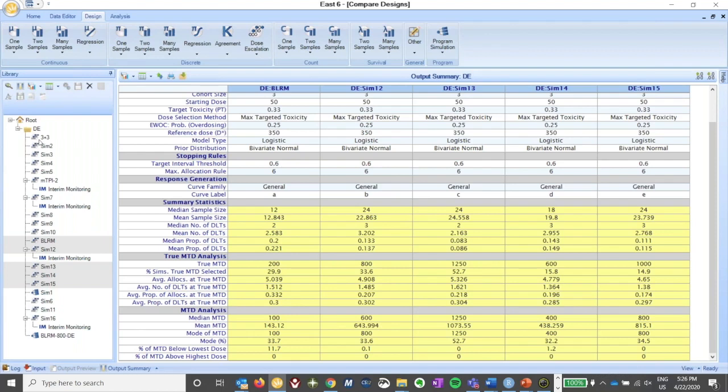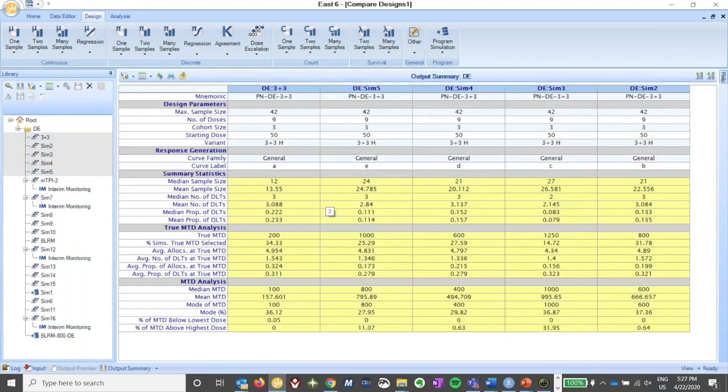For example, if you compare this to the 3+3 design, which I can show you right here for the 5 scenarios that we selected, you will see that the 3+3 design consistently underestimates the MTD. MTD was 200, it selected 200. Was 1,000, it selected 800. Was 600, it selected 400, and so forth like that. And this is a phenomenon that has been identified quite often with the 3+3 design.